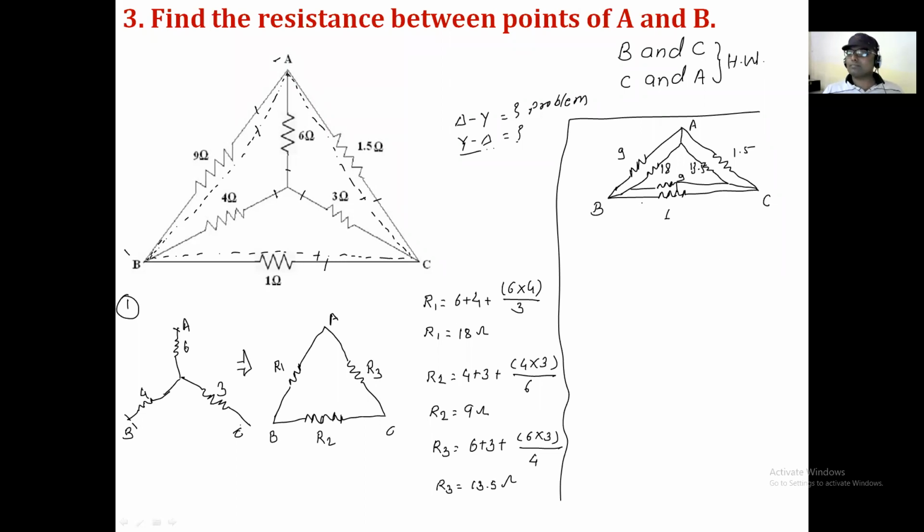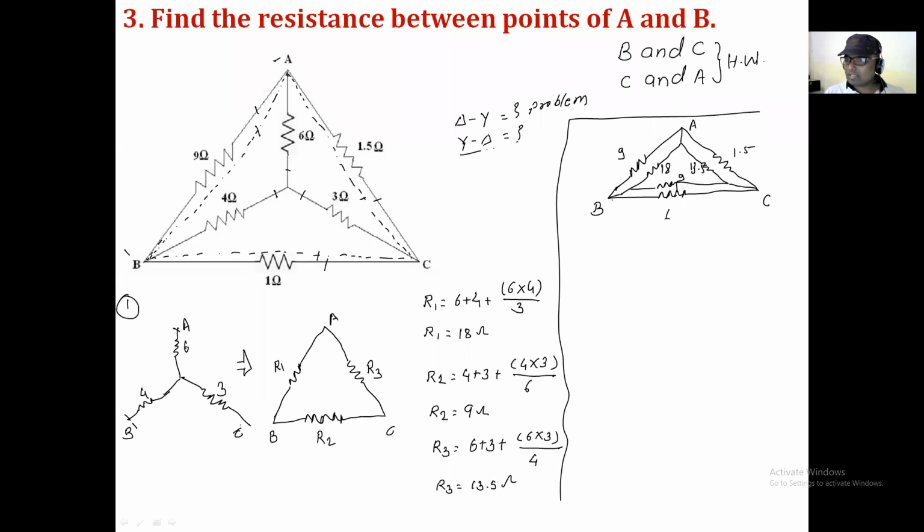Is that clear? Yes or no? Do you agree with the circuit diagram? Yes. Okay.